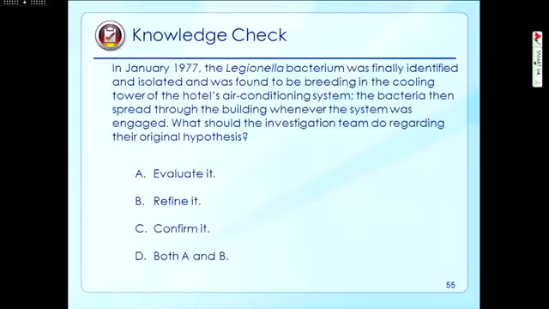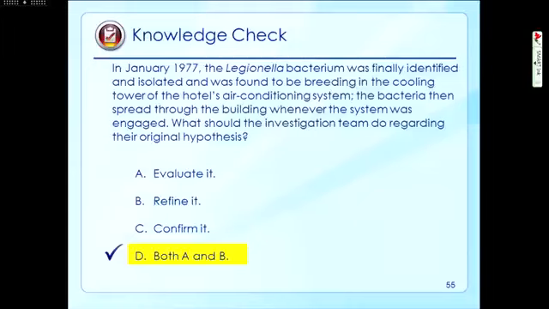In January 1977, the Legionella bacterium was finally identified and isolated and was found to be breeding in the cooling tower of the hotel's air conditioning system. The bacteria then spread through the building whenever the system was engaged. Which answer below best describes what the investigation team should do regarding their original hypothesis?